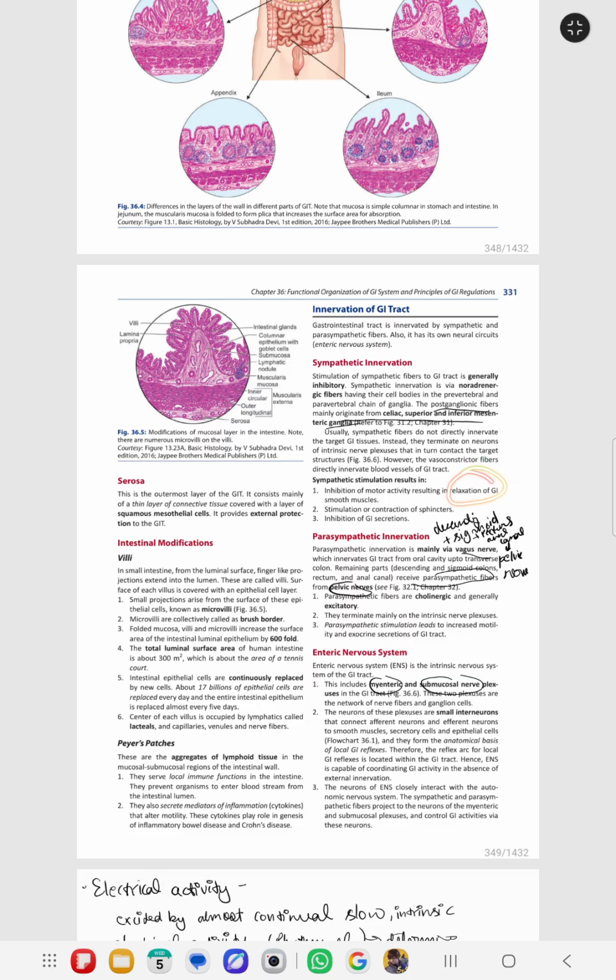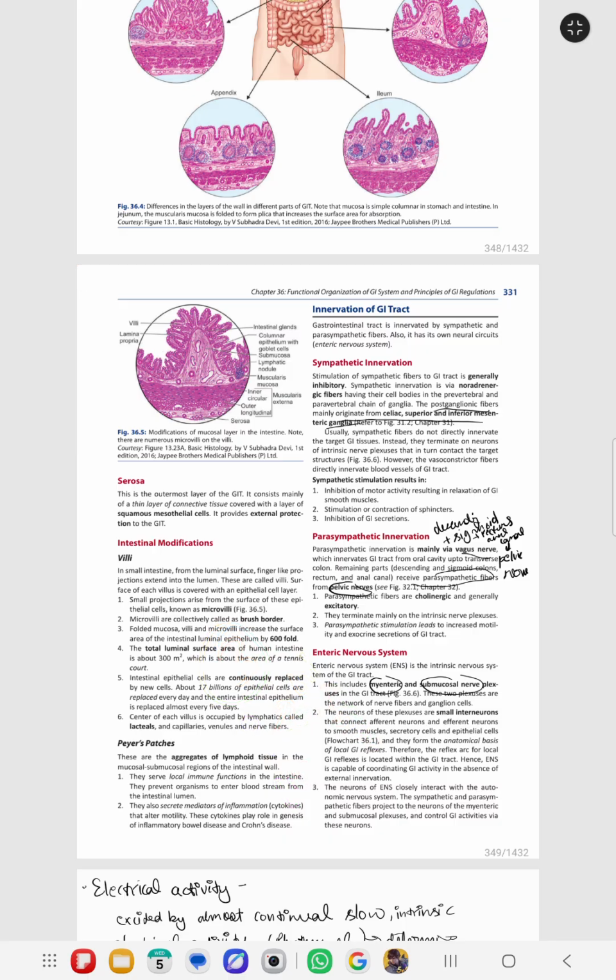It results in relaxation of the GI tract, contraction of sphincters and inhibition of GI secretions. It does three things: inhibitory to the motor activity, inhibitory to the GI secretions, and contraction of sphincters.